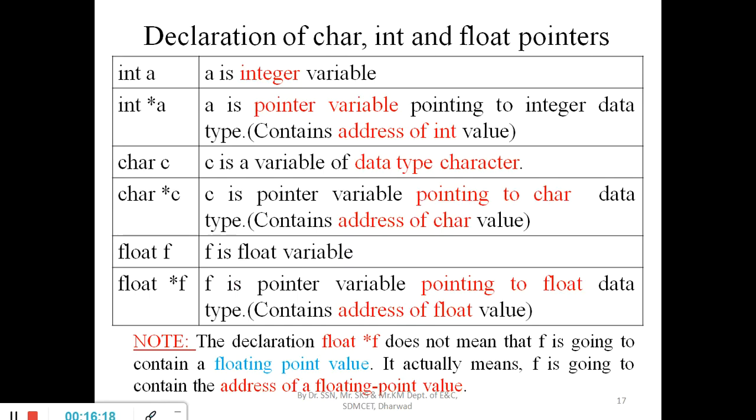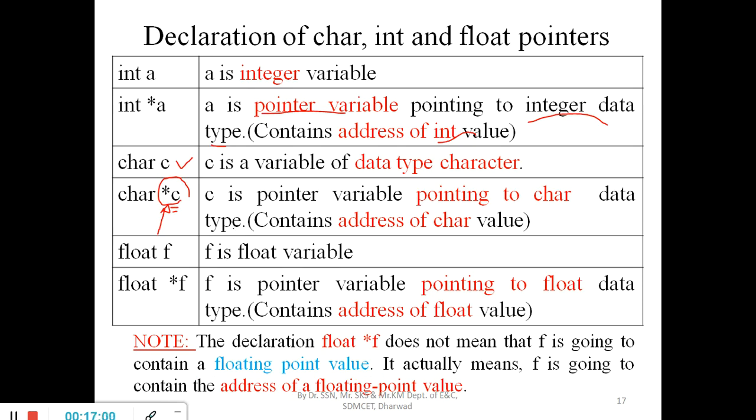So the declaration float *f does not mean that f is going to contain a floating point value. Similarly, when I say char *c, it doesn't mean that c is going to contain a character value. It actually means f is going to contain the address of a floating point value, and similarly c contains the address of a character value.